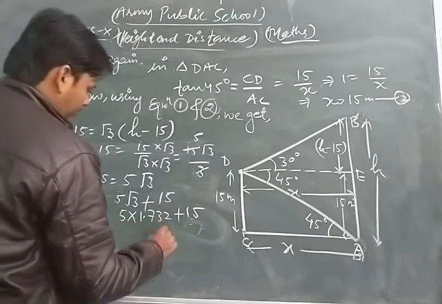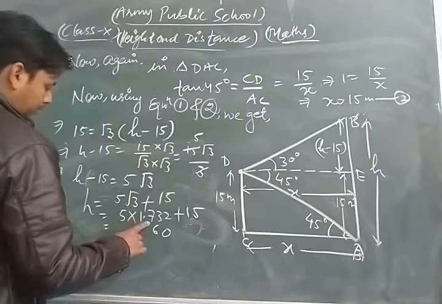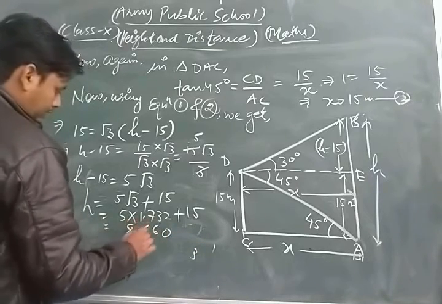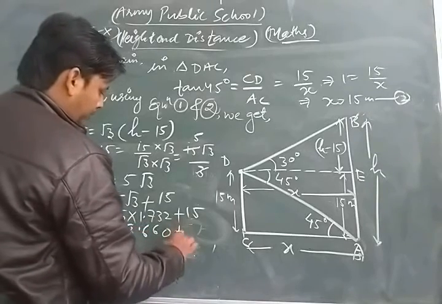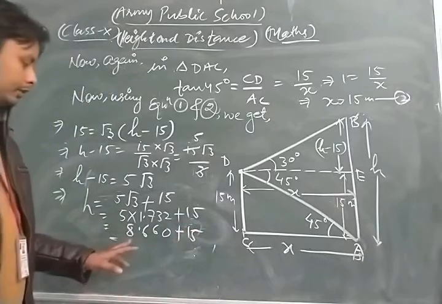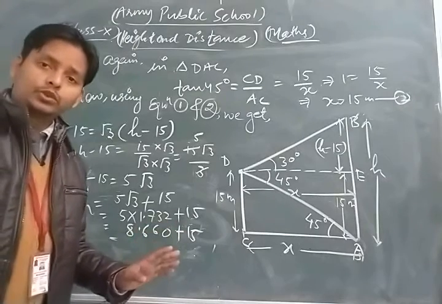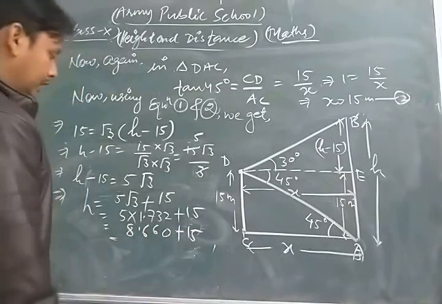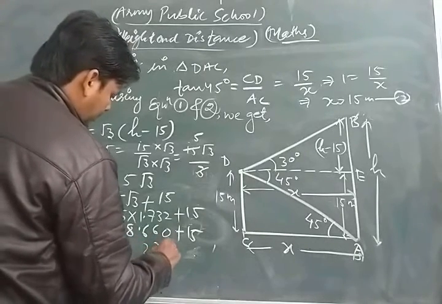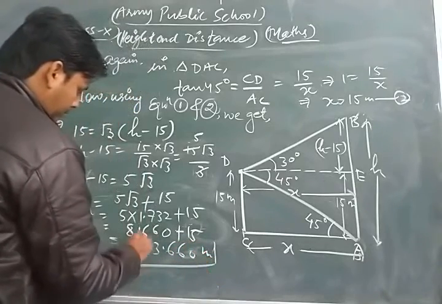Now adding them, 15 plus 8.660 is equal to 23.660. That is 23.66 meter.